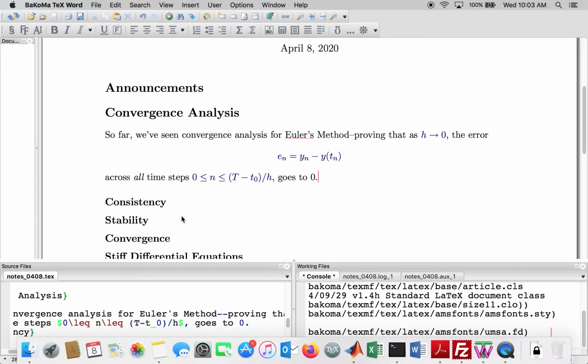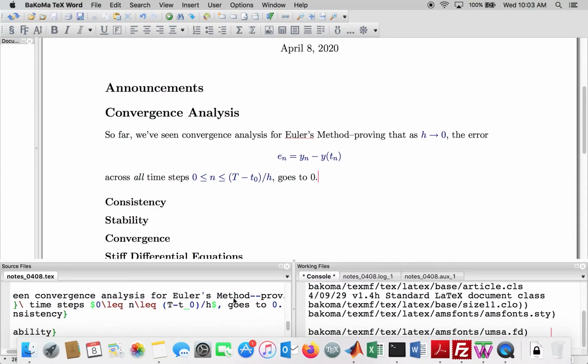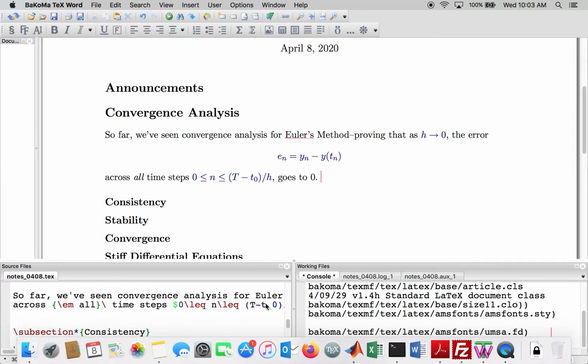So what do these things mean? Convergence is the only concept so far we've seen. Convergence just means that this error across all time steps goes to 0 as h goes to 0. But the related concepts of consistency and stability are quite important and very helpful in establishing convergence.